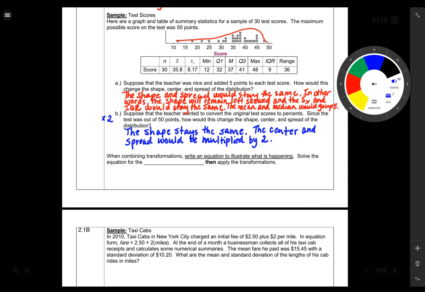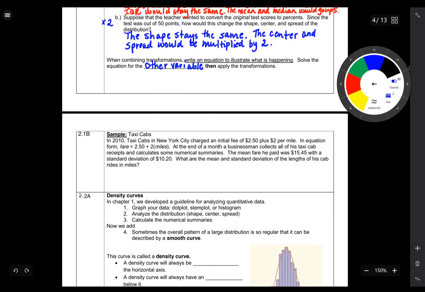Right. When combining transformations, write an equation to illustrate what is happening. Solve the equation for the other variable. Then apply the transformations. And the example we're going to do to end our notes is taxi cabs. In 2010, taxi cabs in New York City charged an initial fee of $2.50 plus $2 per mile.